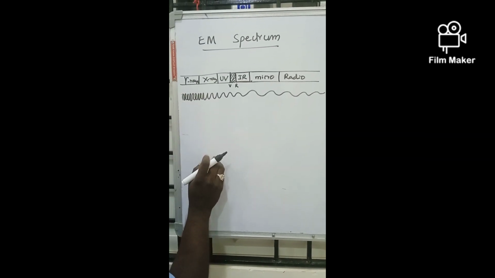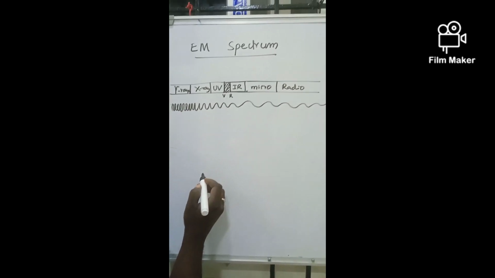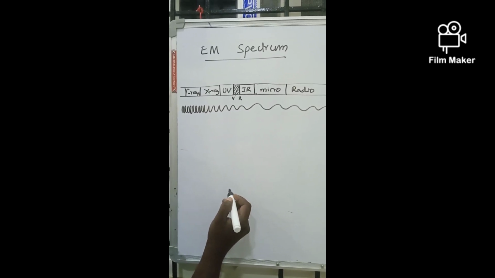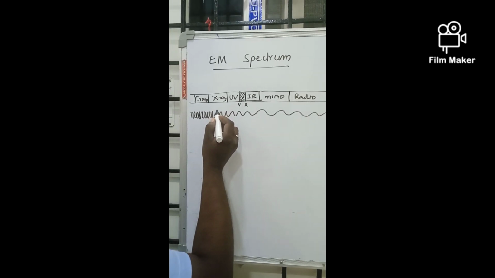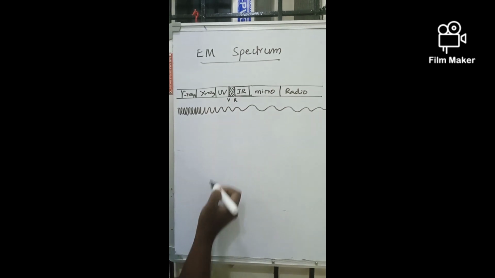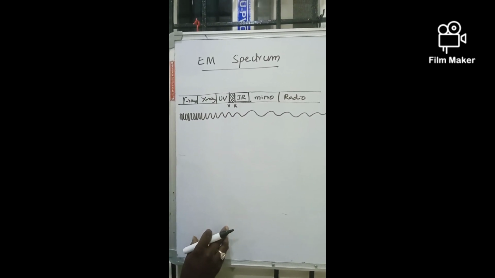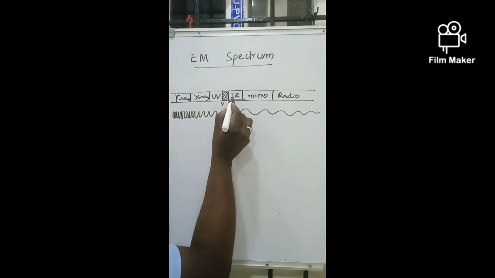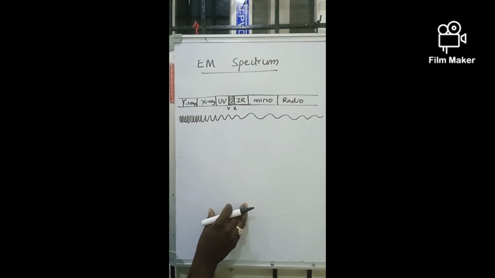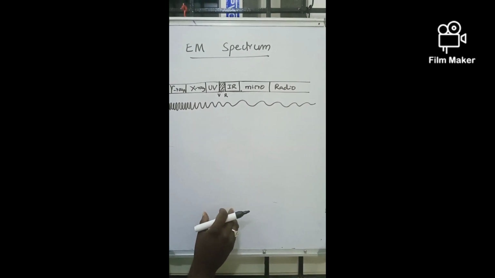Gamma rays are useful in cancer treatment, whereas X-rays are useful in diagnosis, whenever bones are broken, to take photographs of the body parts. Ultraviolet rays are mainly useful for purifying water, and infrared rays are used to send heat radiation.